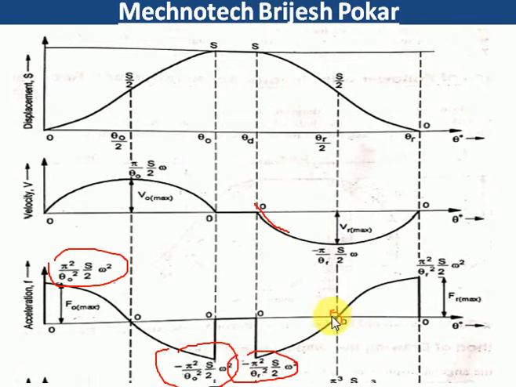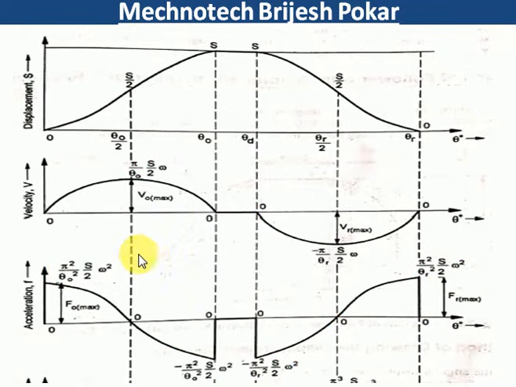Acceleration is 0 at the return stroke center, and here acceleration is maximum at the end of the return stroke, okay, and then after, if it is a dwell period, then again 0. So this equation you should remember, the velocity equation, acceleration equation, and displacement, that is s by 2. So you have to remember these equations, and this is the second, simple harmonic motion.